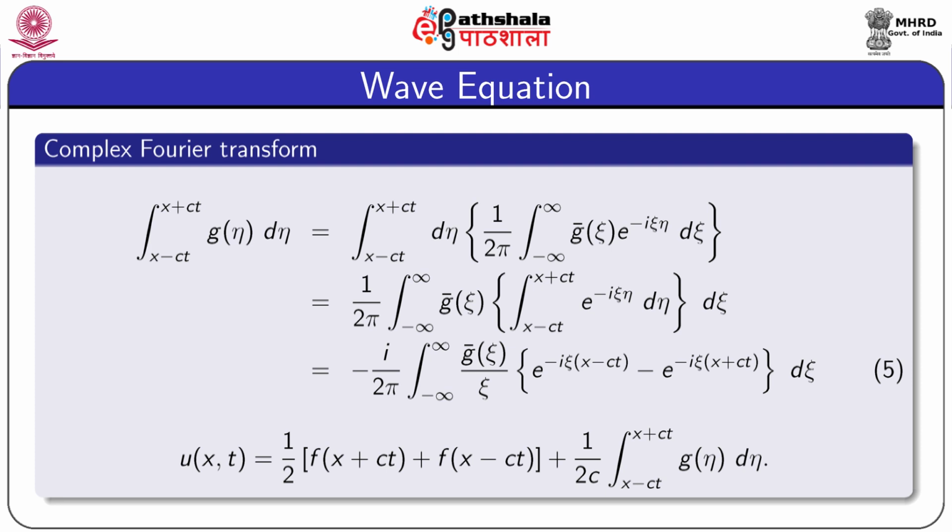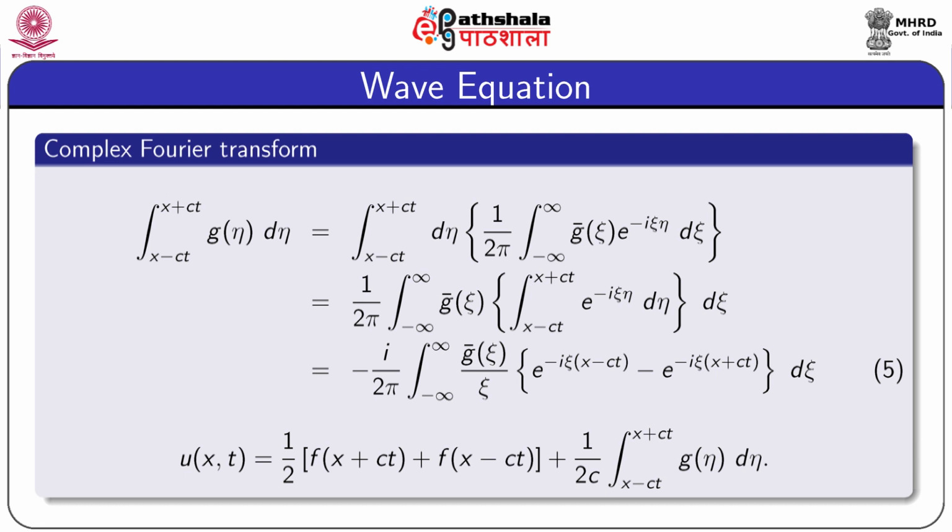In this expression, you can see that the integral from x − ct to x + ct of g(η) dη is equal to the integral from x − ct to x + ct of the expression for g(η).